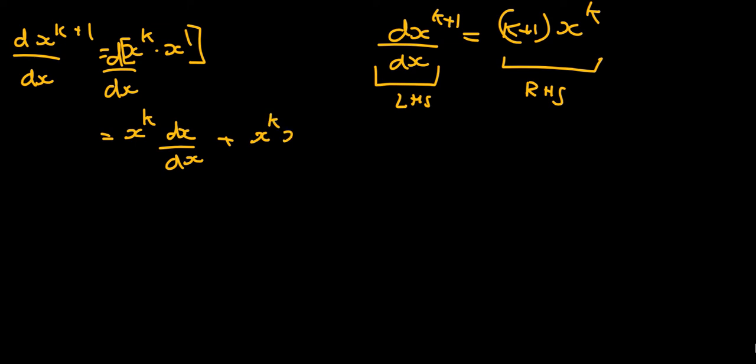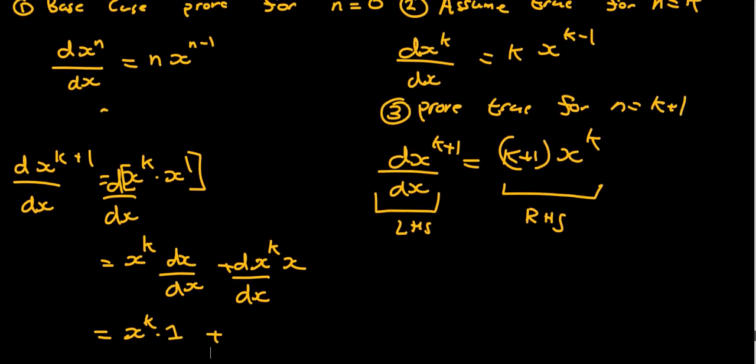We know that dx of x is just 1, so we get x to the k multiplied by 1, and we use our statement here.